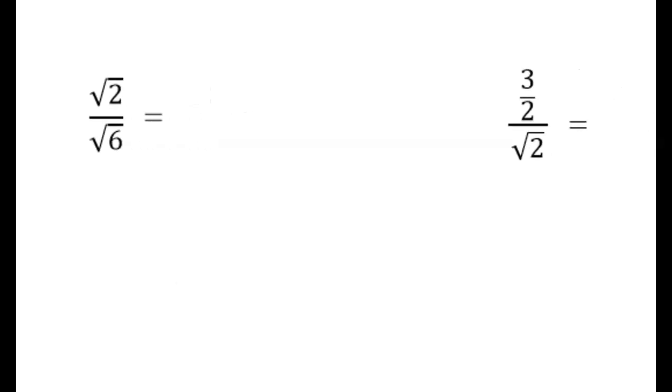I'm going to skip this one. I'm going to go right to this one over here. So what do I do to get rid of the radical in this number? Or instead, I want to get rid of this big fraction.